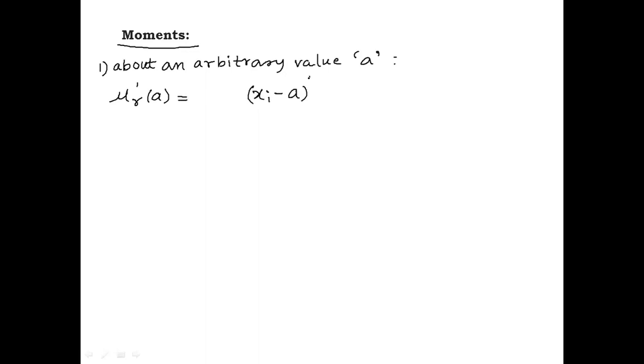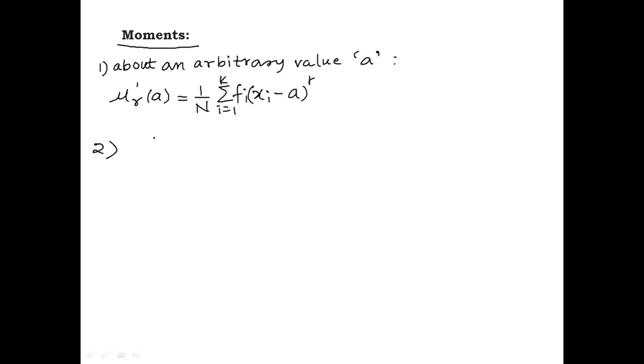The first type is moments about an arbitrary value A. This is denoted by mu r dash A. So (xi minus A) to the power r is multiplied with fi, summation i from 1 to k, and that is to be divided by capital N.